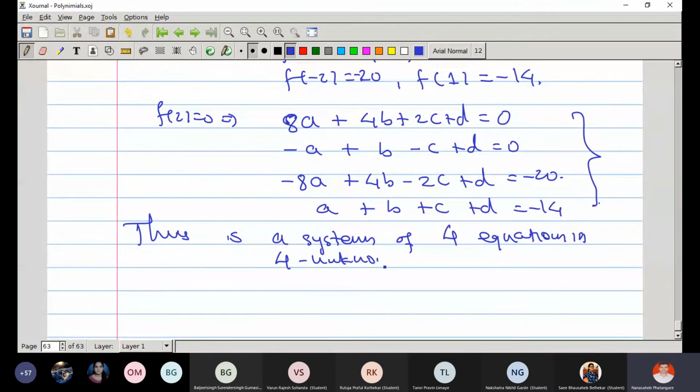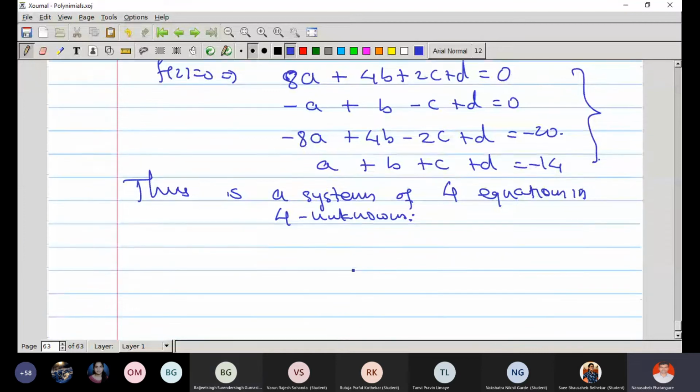Is there any way to simplify this system, so that you can find the values? For example, if you look at first and third, from that you can eliminate 2 unknowns, A and C. Let us number the equations 1, 2, 3, 4.